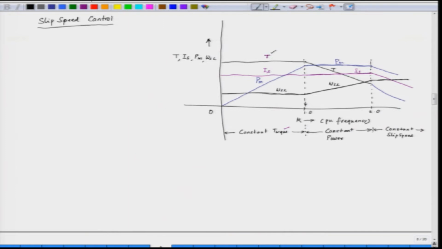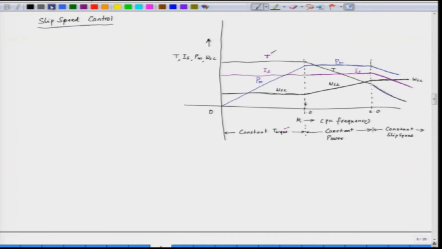Now, after that the slip frequency reaches a maximum value, the slip frequency remains constant and the power decreases, the current decreases and the torque further decreases. And this is called the constant slip speed region, because the slip frequency, which is omega S L here, is constant.